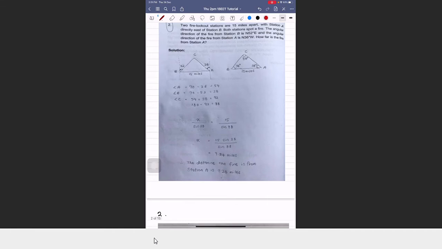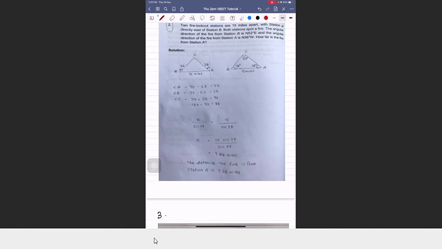You are not given a diagram, so it's about two stations, A and B. Two fire lookout stations are 15 miles apart with station A directly east of station B. Both stations spot a fire.